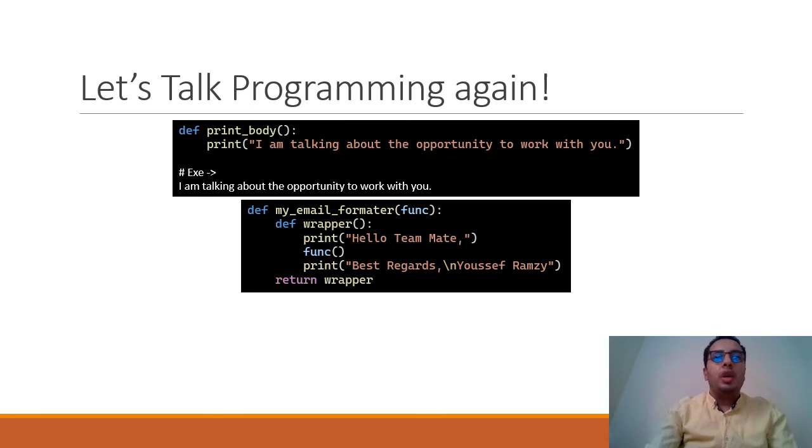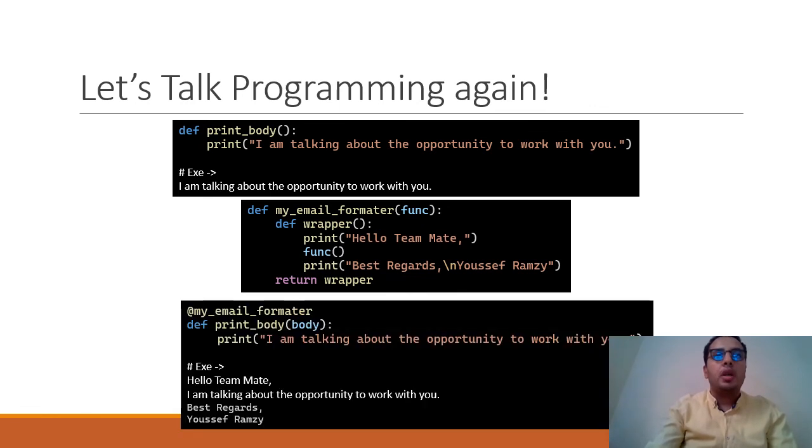Okay, so in that case we have a decorator function with which we can decorate the main function. So in the final statement, a decorator in Python is applied by adding the @ character and the formatter function, or the wrapper function, and after that the body of the function itself that we need to decorate.